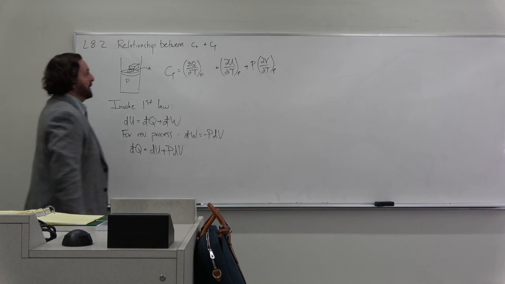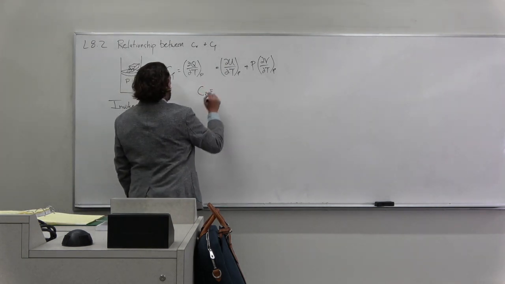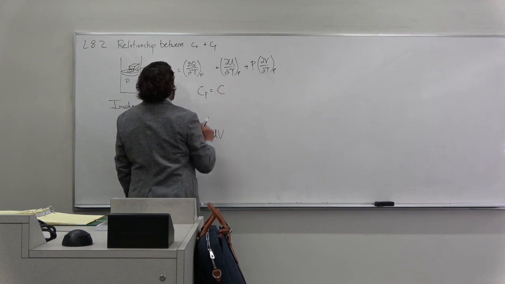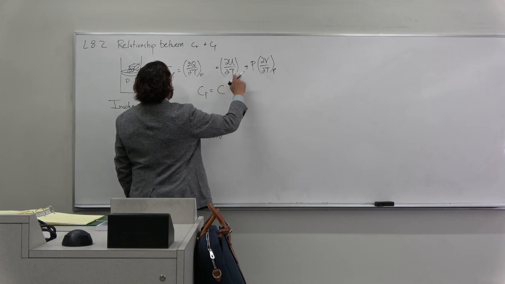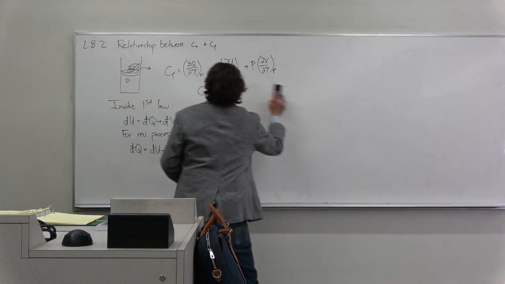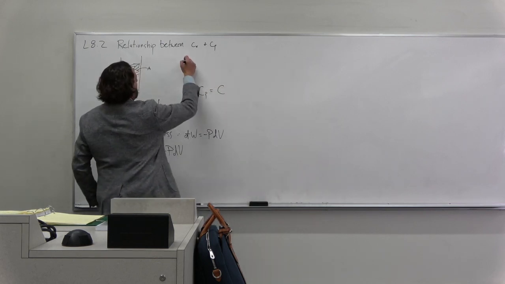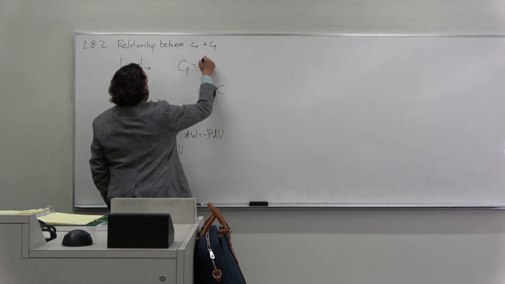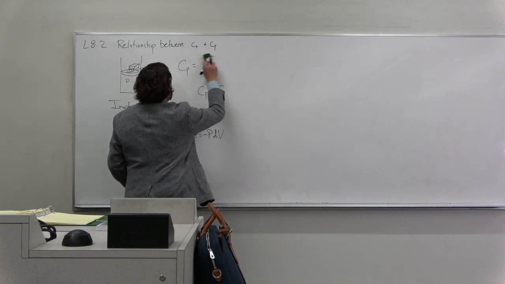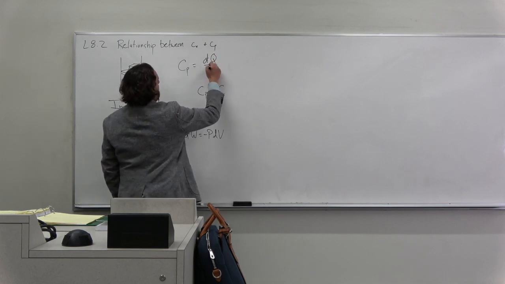Okay, so we know what partial U, partial T is, right? Let's just write it like this. Let's just write Cp was dQ. So in this process where we're keeping the pressure constant, right, we can just say it's dQ over dT.